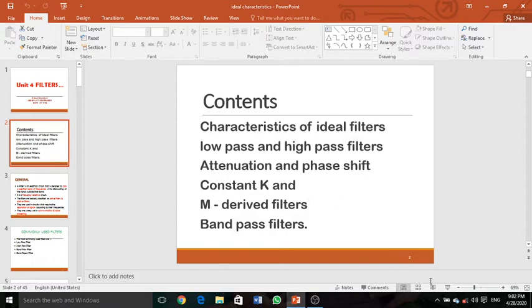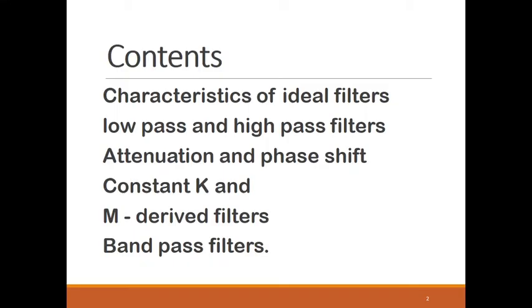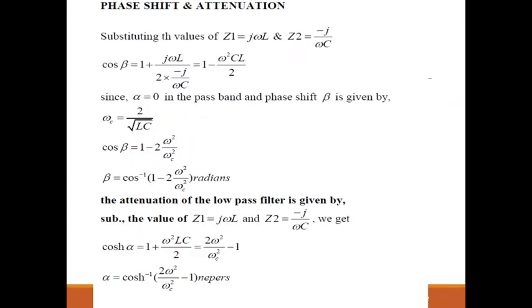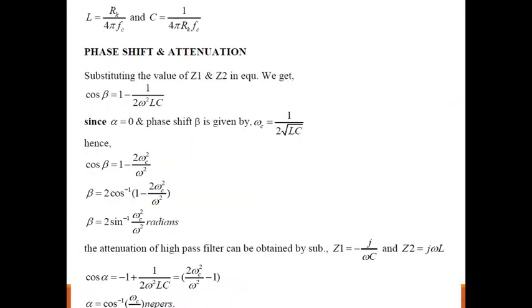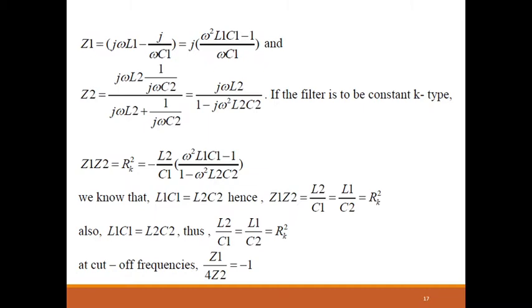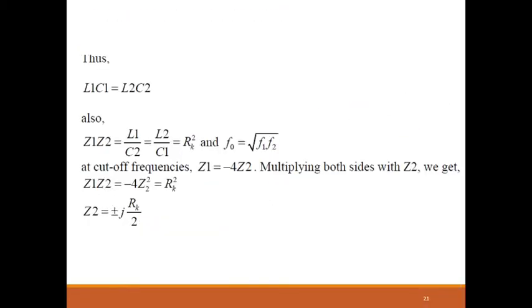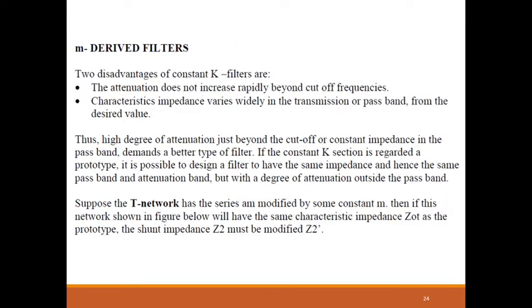Normally the M derived filter means we are introducing some new notation, that is M, in the existing constant K filter. The constant K filter has some drawbacks, so due to that, we need to find some new filter, that is the M derived filters.